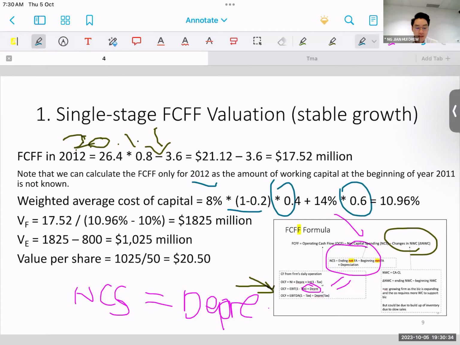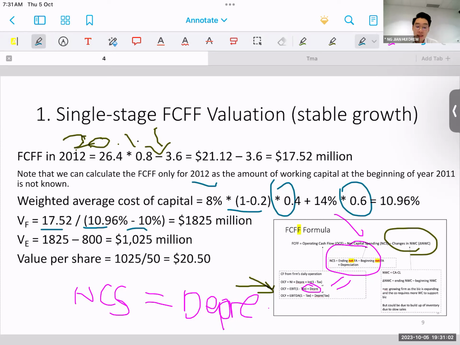Okay. So once we get the WACC, we know that the question says it is a stable growth firm, meaning we are looking at a growing perpetuity. So we simply take WACC minus the growth rate, and we take the growing perpetuity formula.